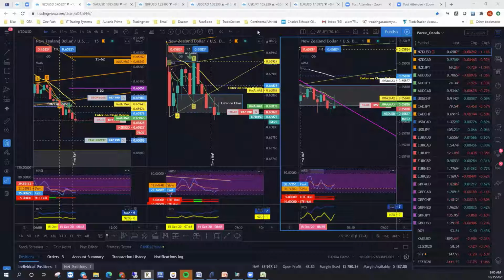You got a nice rejection on your QEUS. Another big wick rejection on the 1 minute.